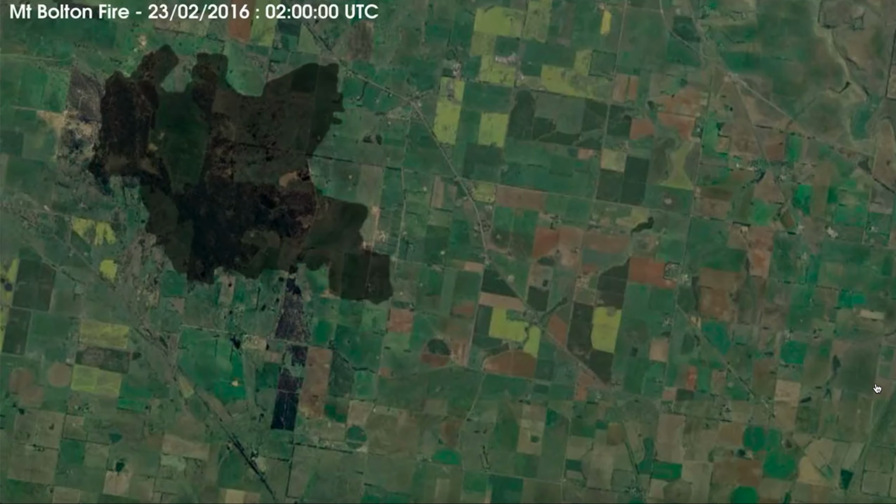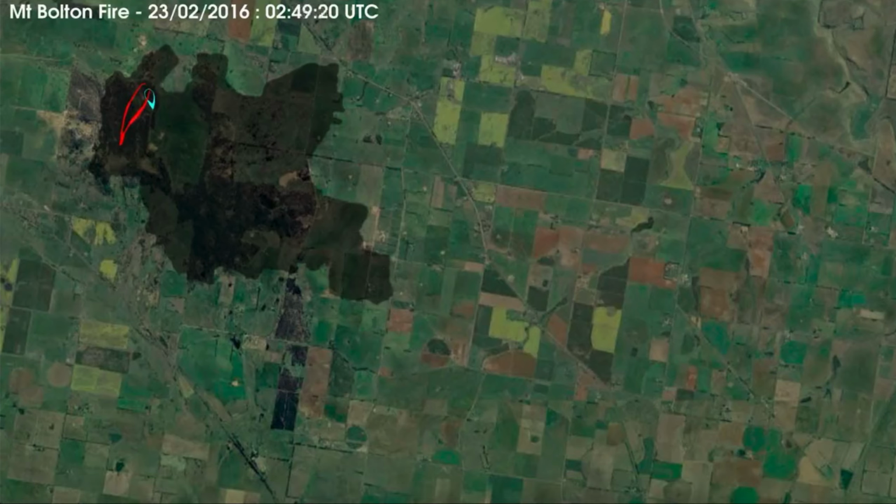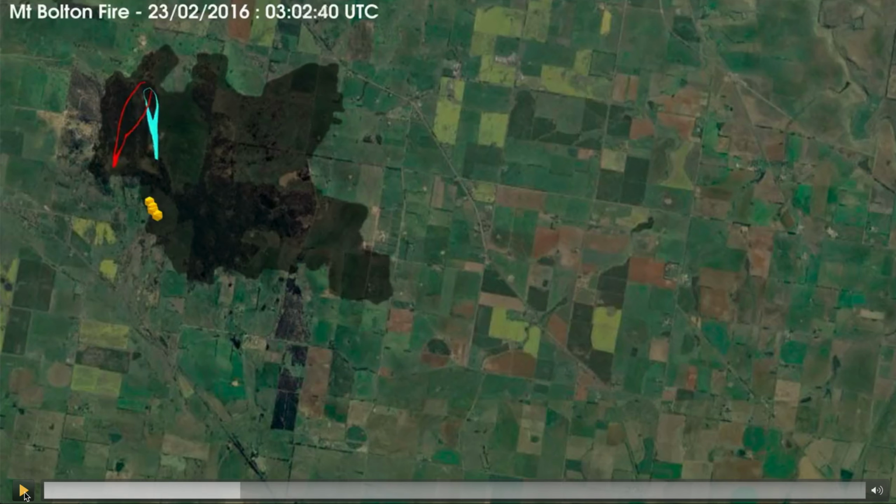This is the comparison of the simulated fire progression in red, and in blue the observed fire contours. You see that at the beginning the simulation is not really reproducing well the initial behavior of the fire. In blue, it is actually accelerating a little bit towards the southeast.